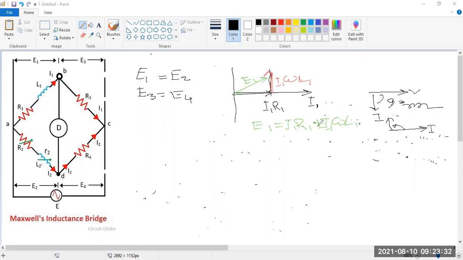So these two potential drops imply this E1, because here only two elements are there, and the vector sum gives E1. This is step one.